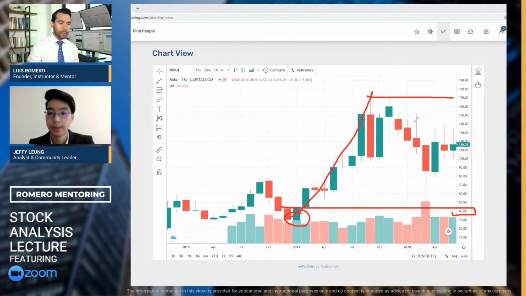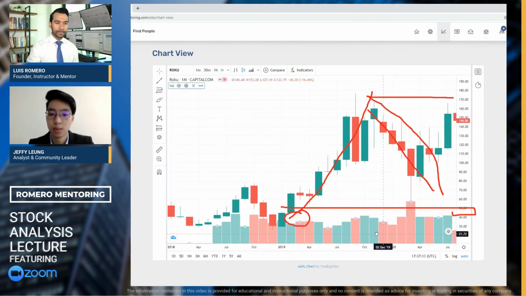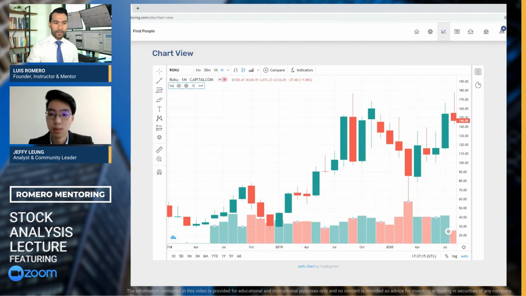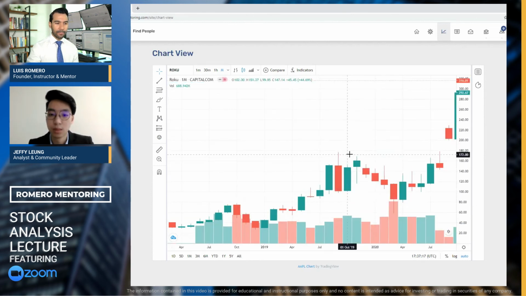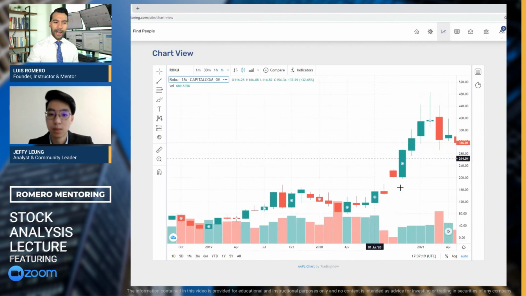Then we got into a period where the stock started to decline. It declined more than 50%, but the growth was still intact. And after the turbulence or whatever market jitters were happening during this time, the stock resumed its uptrend. Then it broke, and then it continued moving higher.